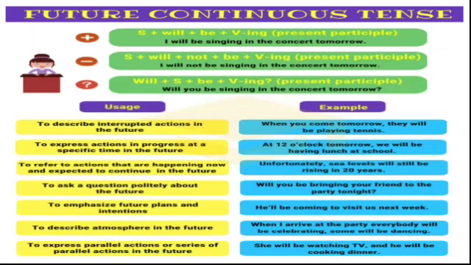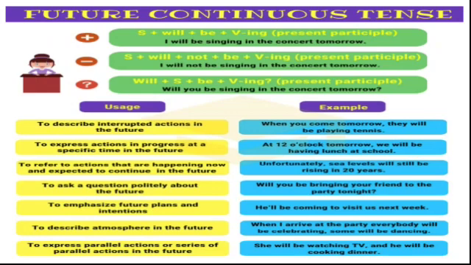Now, future continuous tense verbs, along with will, we use be plus verb's ing form. We use subject, then will plus be plus verb's ing form. And in negative, we use will plus not plus be. Again, let us discuss the uses to describe interrupted action in the future. Okay, when you come tomorrow, they will be playing tennis.